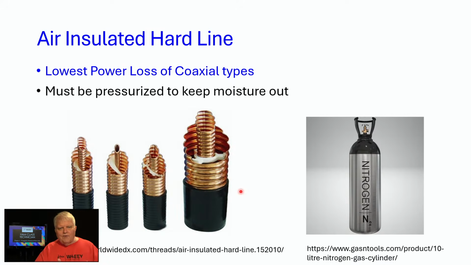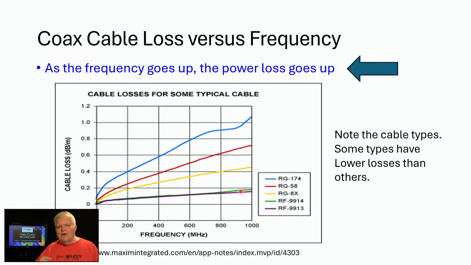Whether you have coax, whether you have 450 ohm ladder line, whether you have air insulated hardline, the higher you go in frequency, the greater the loss in dB, and it's typically dB per 100 feet.